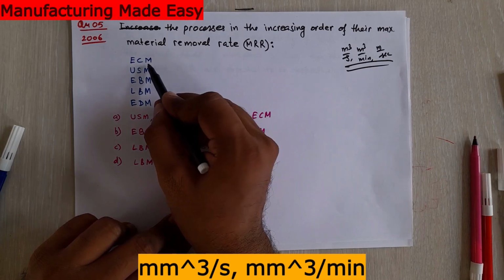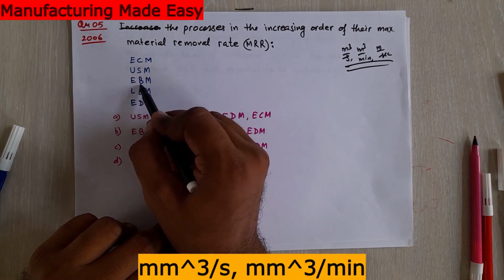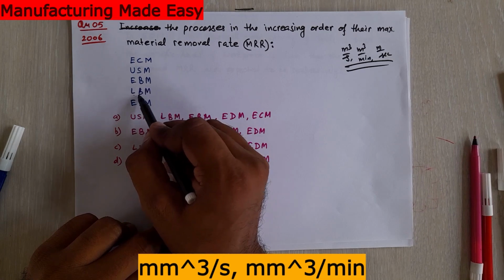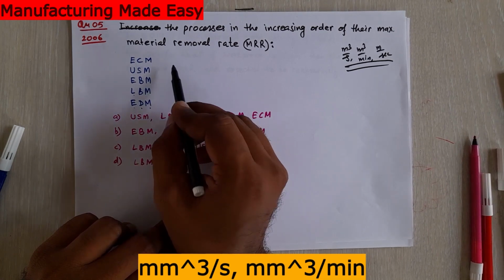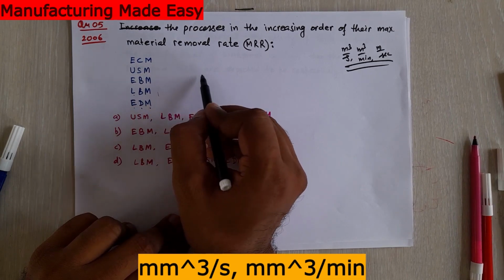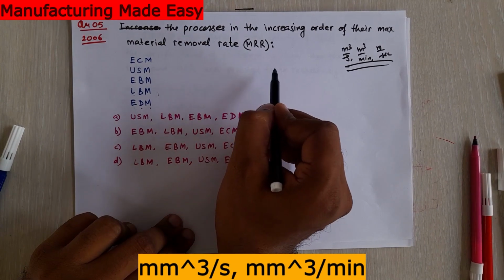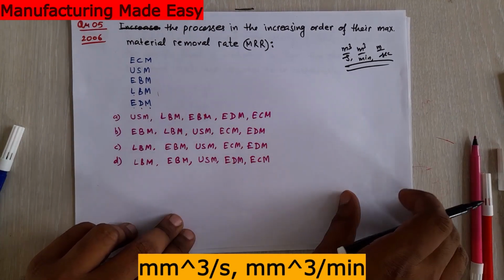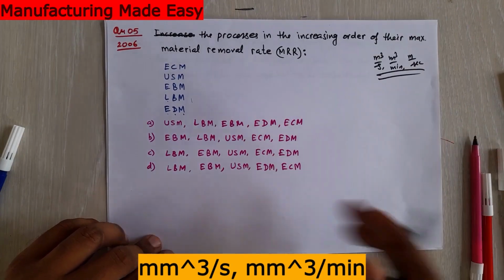These are the processes: electrochemical machining, USM ultrasonic machining, EBM electron beam machining, LBM laser beam machining, and EDM electric discharge machining. So we have to arrange these machining processes in increasing order, first less MRR, then increasing.